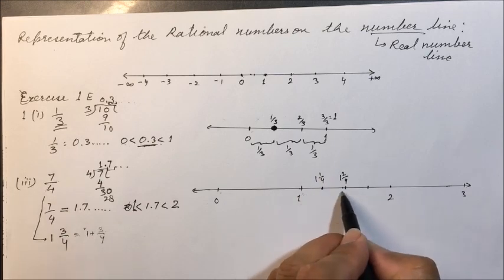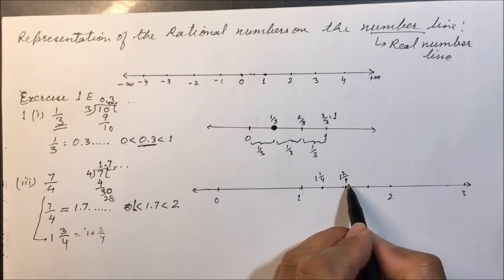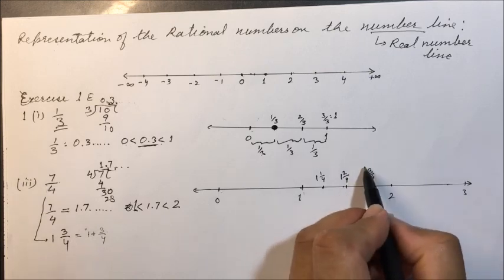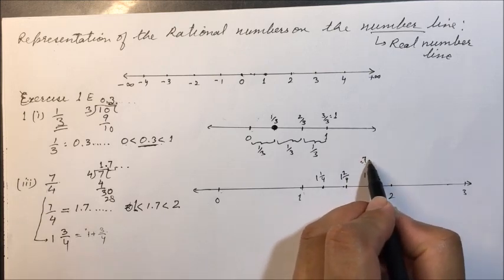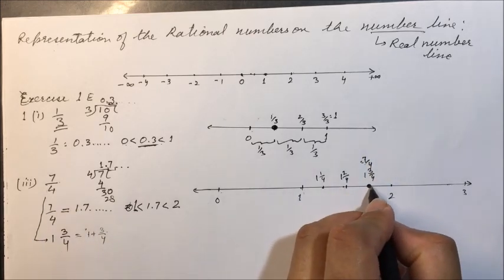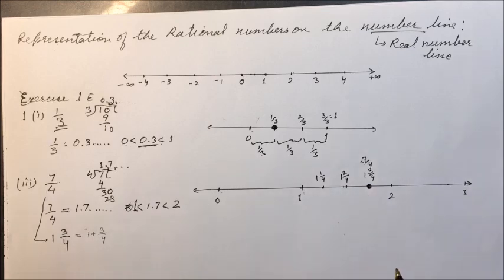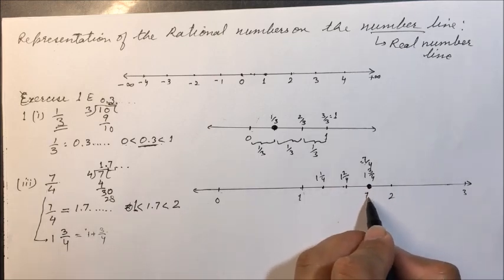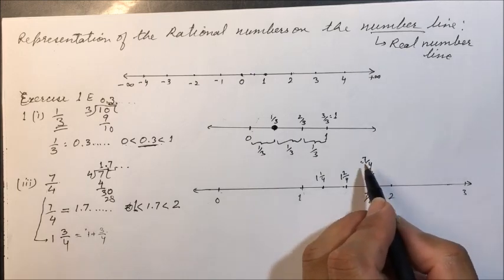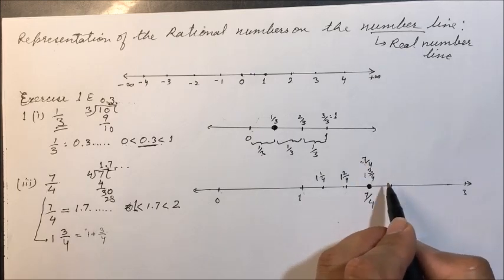Next from here 2 by 4, 1 plus 2 by 4, 1 2 by 4. Here 1 3 by 4. And this is what? 7 by 4. So we have represented our number 7 by 4. Next if we see, it will be 8 by 4. That is 2.